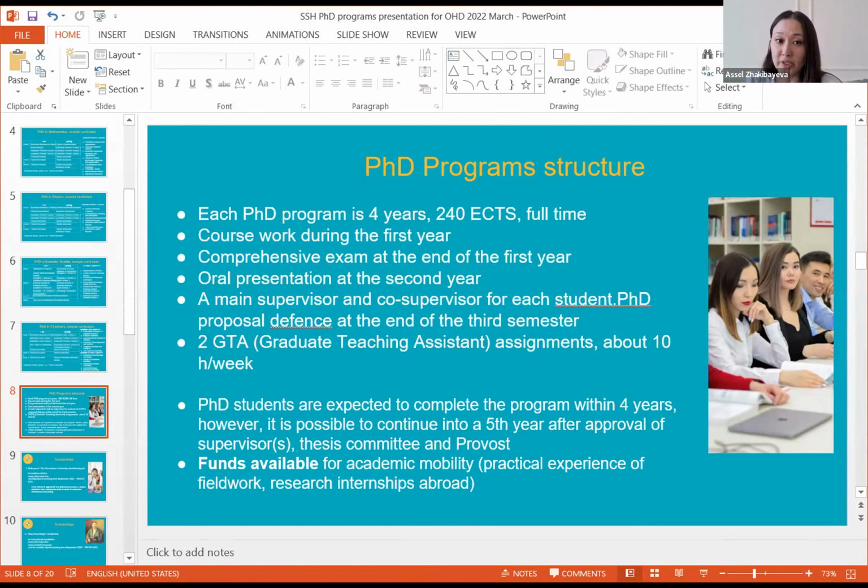Also during the 4-year study, our PhD students are expected to successfully complete 2 GTA assignments. GTA stands for Graduate Teaching Assistant. You will be working as a teaching assistant to your professor, and you will be given the list of courses available for each semester.